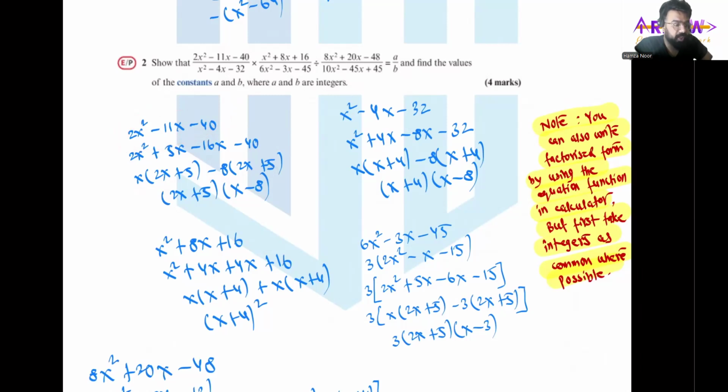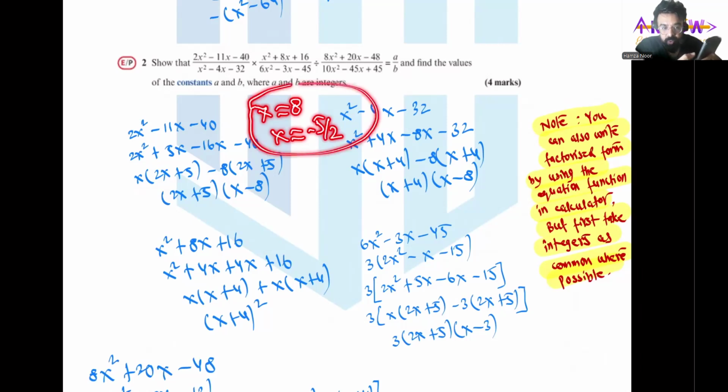So 2x square minus 11x minus 40. So I have obtained two roots. One is x equals 8 and the other one is x equals minus 5 over 2. You have seen that these are the two roots.